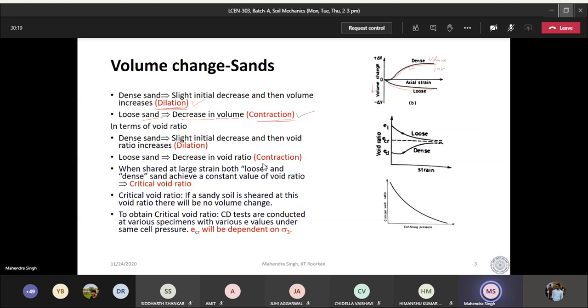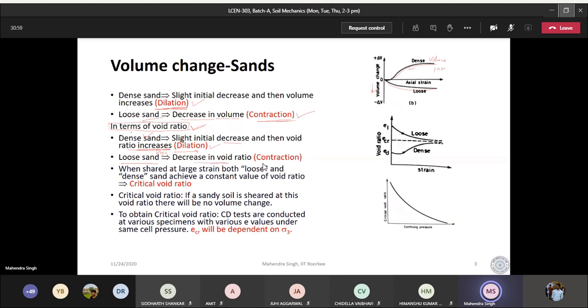Now in the case of sands, there is one additional thing which we are going to do. We are going to discuss it in terms of void ratio. If you take dense sand, what happens to void ratio? Because it is increasing in volume, the void ratio is increasing. In case of loose sand, the void ratio is high, and then it decreases.